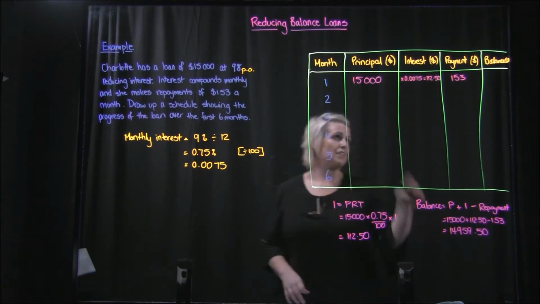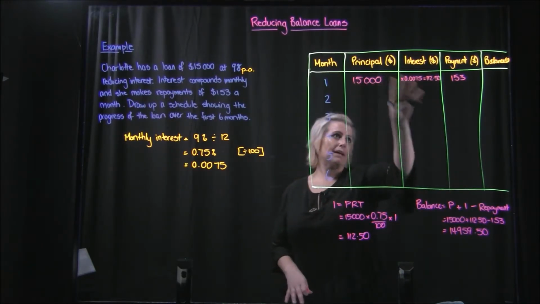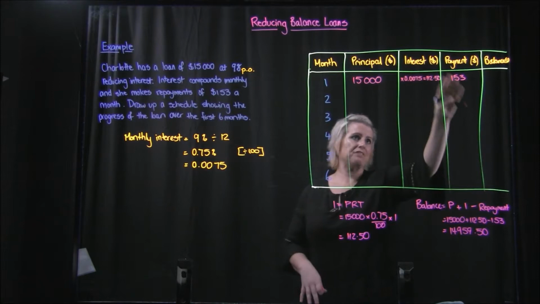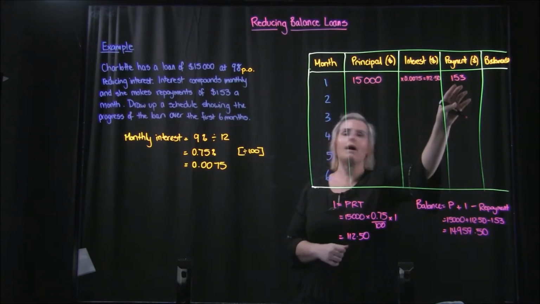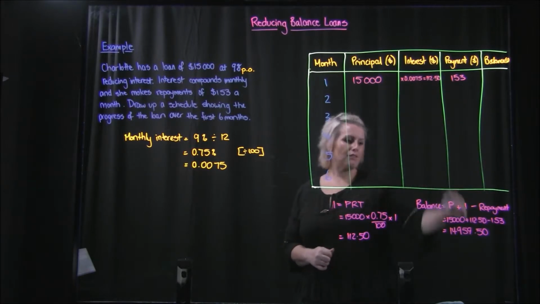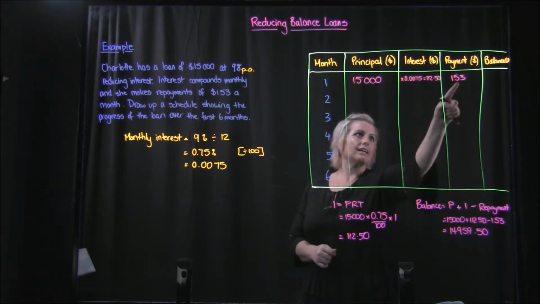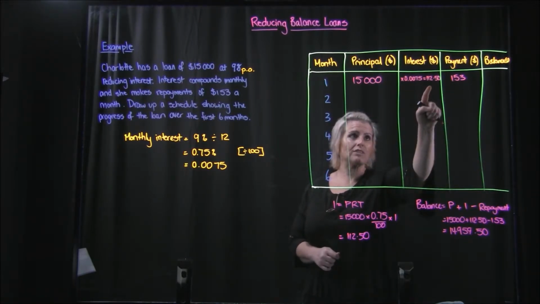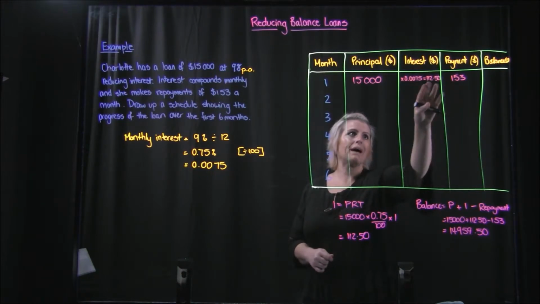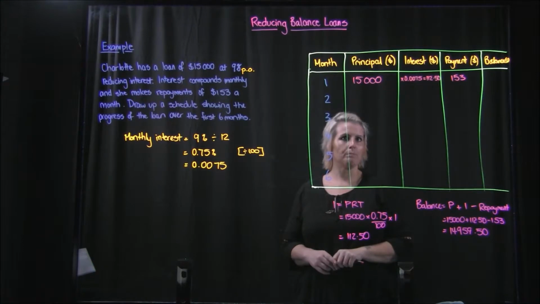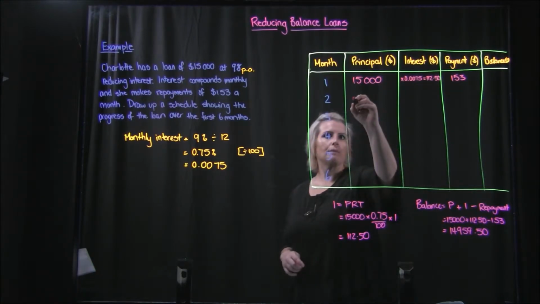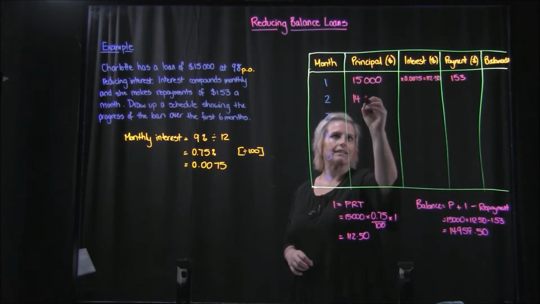So what that means is at the end of the month, when my interest is calculated and added on, and then Charlotte's interest is calculated, put onto her principal, but then she makes her payment of $153. Luckily, as you can see, it's more than the interest. So what she's actually doing is she's paying the interest plus a little bit off the principal. And that means that the principal for month 2 is actually less.